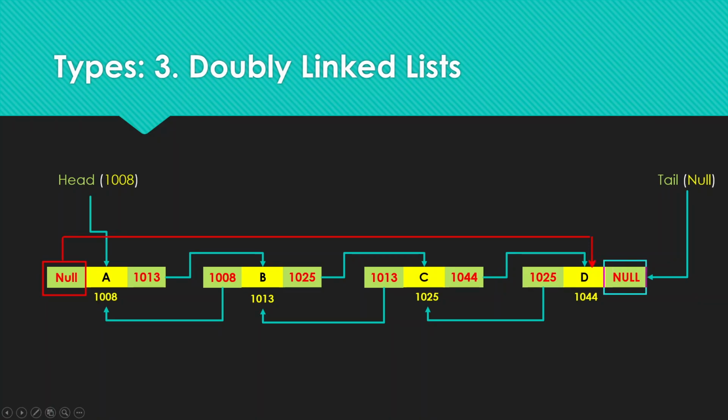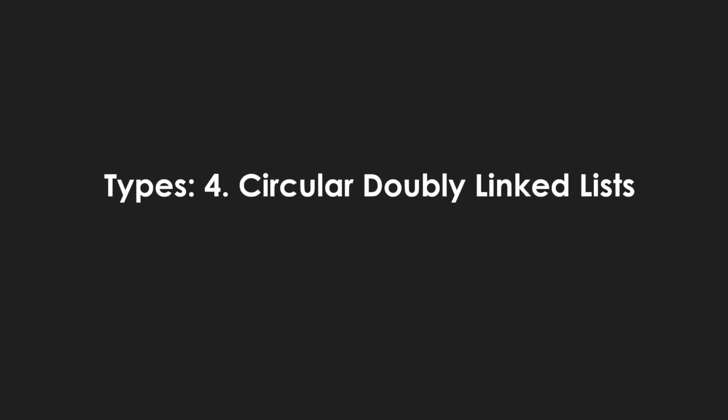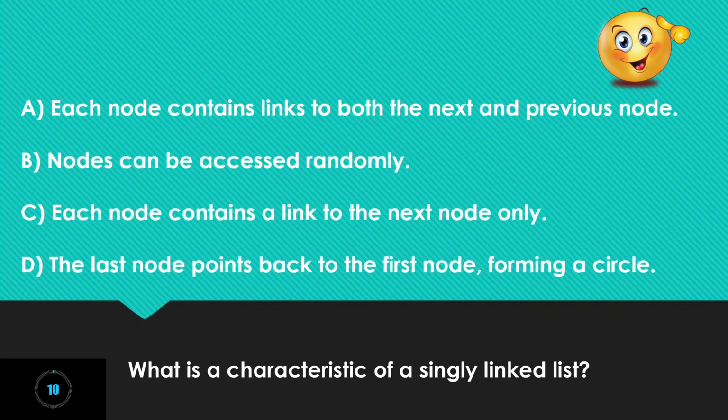And instead of having a null here, this one will also point to this. So this is what we call a circular doubly linked list. Okay, so please read more about that.